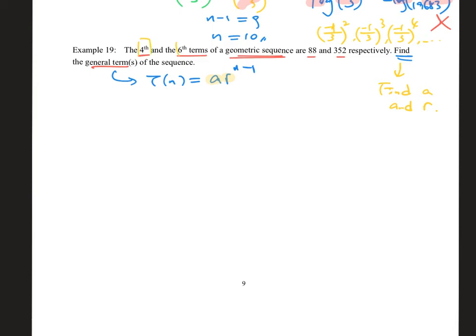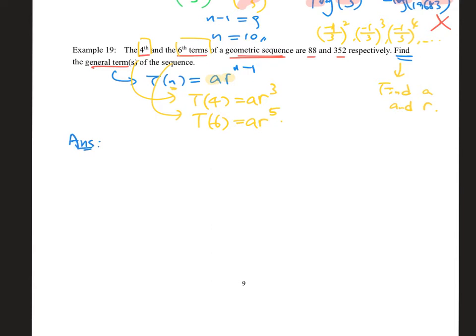With the information of the fourth and the sixth term given, can you work it out? For the fourth term, you put n to be 4. That means T4 will be a r to the power 3, while the sixth term T6 will be equal to a r to the power 6 minus 1, which is 5.